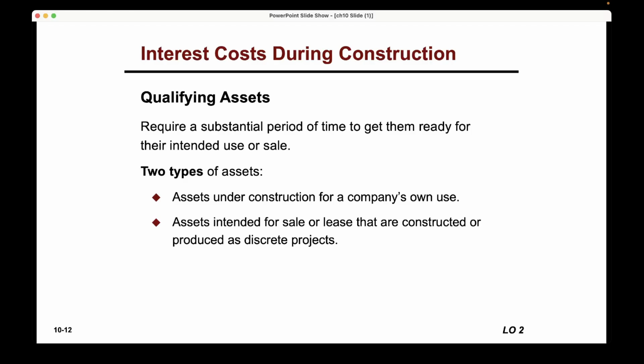So whenever an asset requires a long preparation period and fits into one of these two categories, the company is allowed to capitalize the interest incurred. This again ensures that all costs related to getting the assets ready for use or sales or rent out are reflected in the asset's final value.